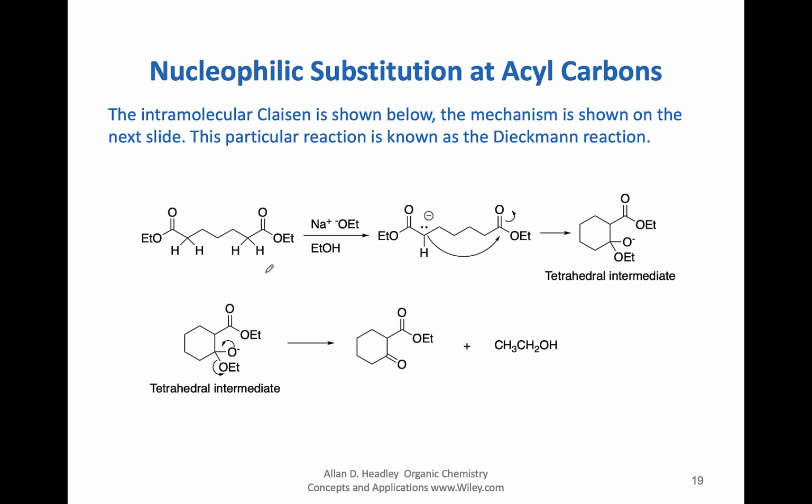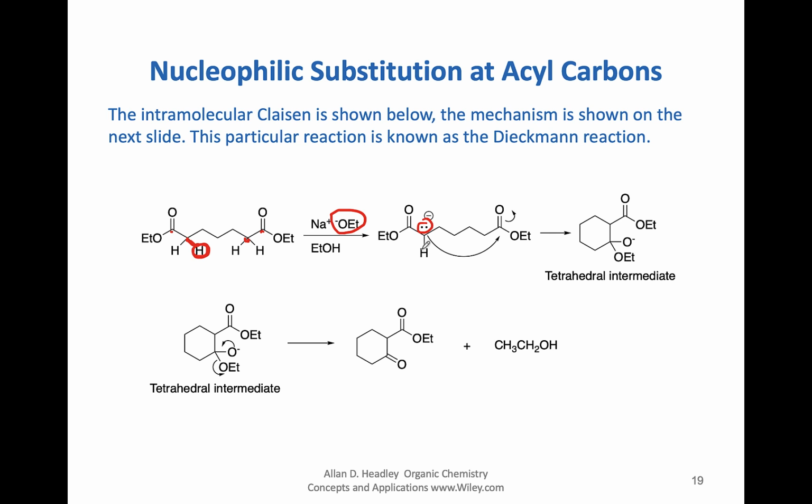As I mentioned earlier, this is the alpha carbon because of the ester right here. This is another alpha carbon because of the ester right here. So in the presence of a strong base, it can pull off one of these hydrogens as a proton, leaving behind these electrons here.